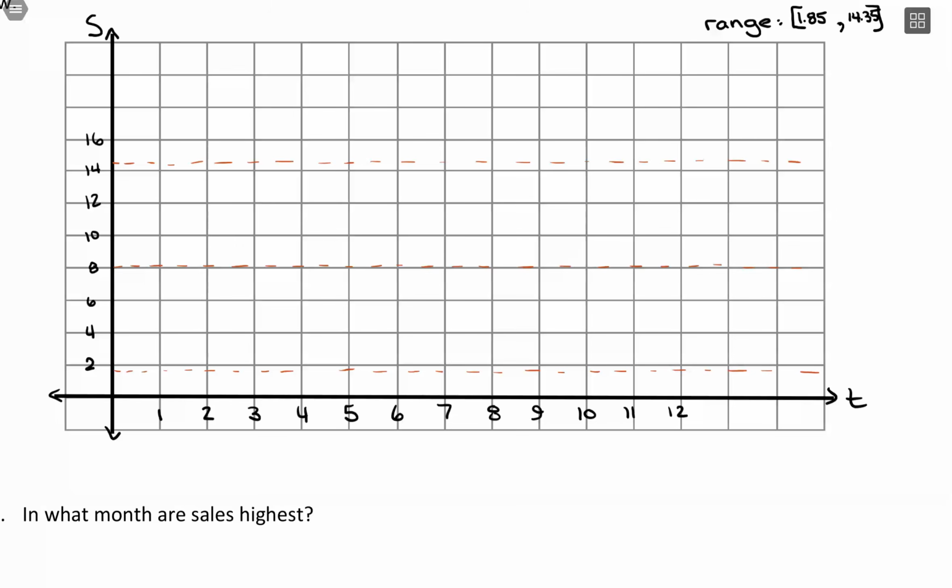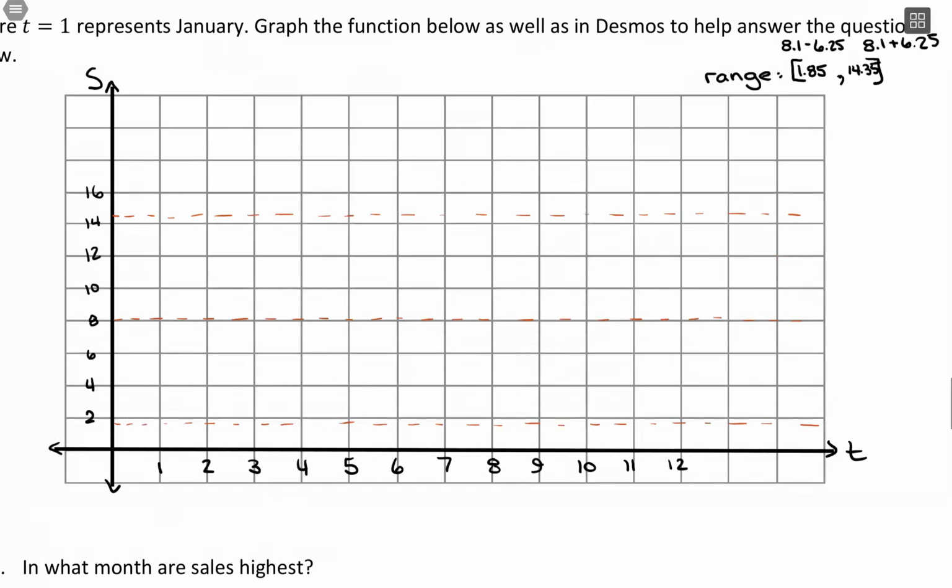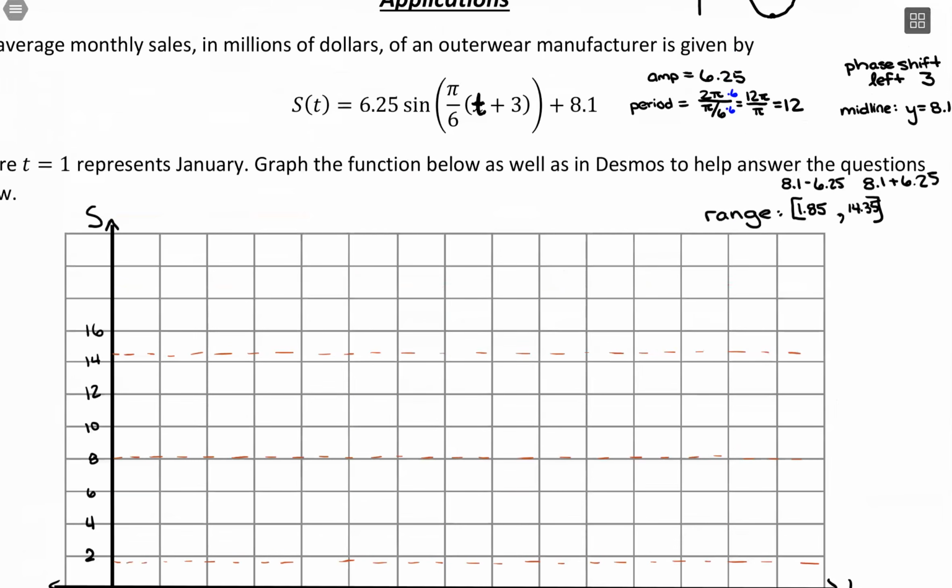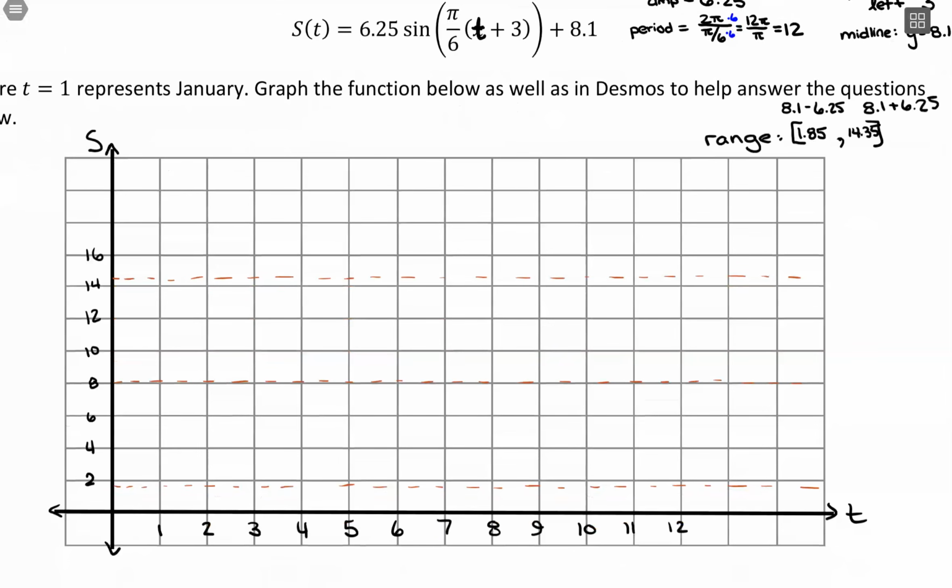Alright, so now we're working with sine, but we also have this phase shift to the left of 3. So, let me draw some points of where sine would be initially. So this is without the phase shift. We would start here. We would be ending at 12, halfway in between. So at 6, we would be at the midline.